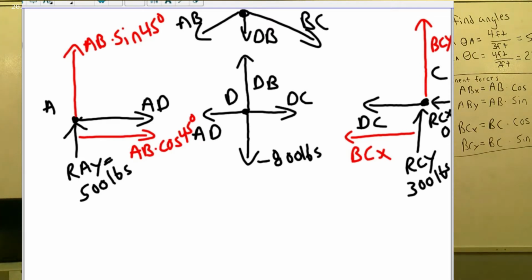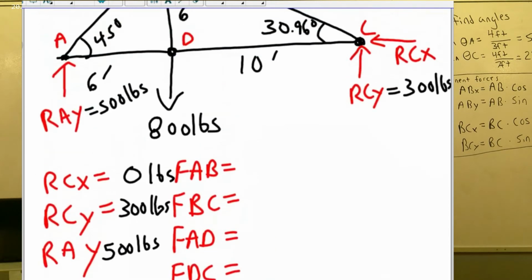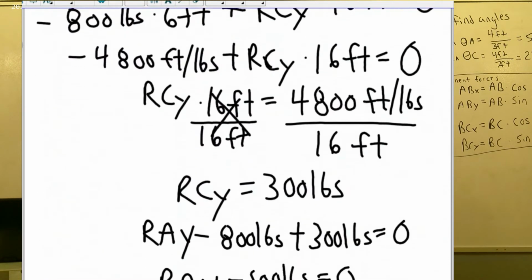The adjacent side being my ABX and the hypotenuse being the original AB force. So I can do the same thing over here at BC as well. So instead of BCX, I'm going to say BC times the cosine of, let me double check my angle. You probably already know it, but it was 30.96 degrees.